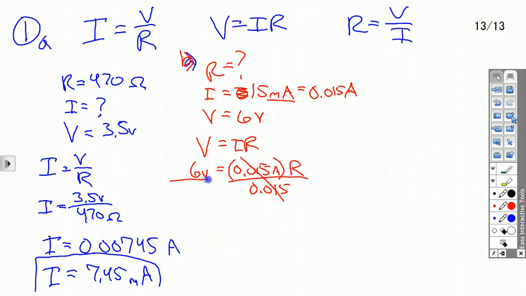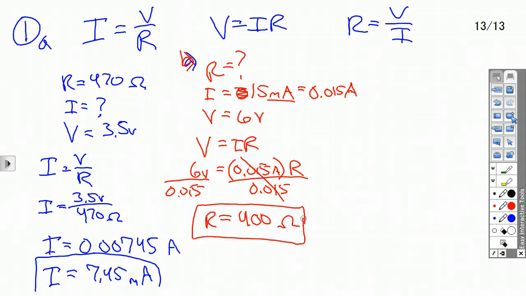That cancels out. I gotta do the same thing on both sides. Algebra is everywhere. So I have the resistance equal to, trusty calculator, 6 divided by 0.015 equals 400 ohms. Leave it at that.